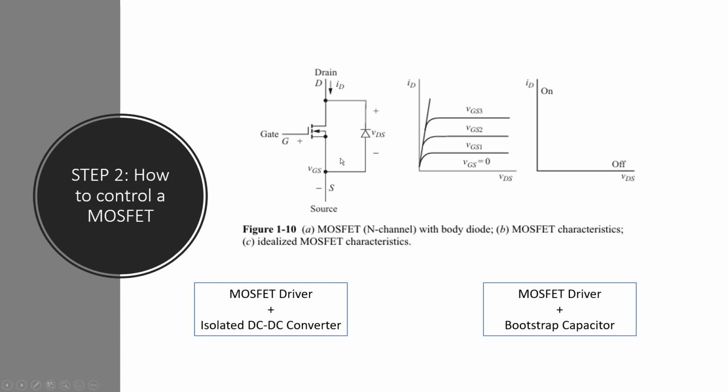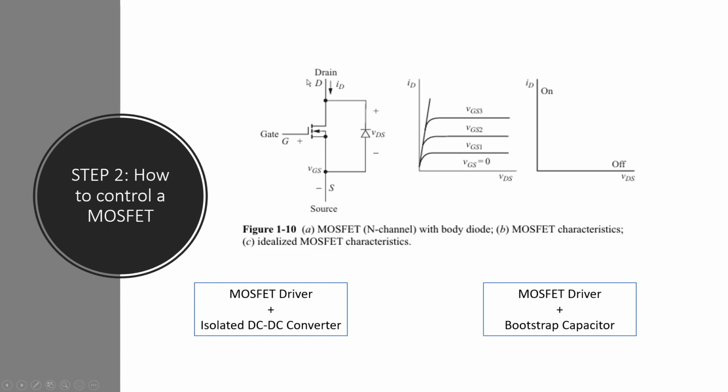So I will explain how the N MOSFET works. The MOSFET will be our switch in the circuit. This is the N-channel MOSFET with body diode. Right now, the majority of them include the body diode.